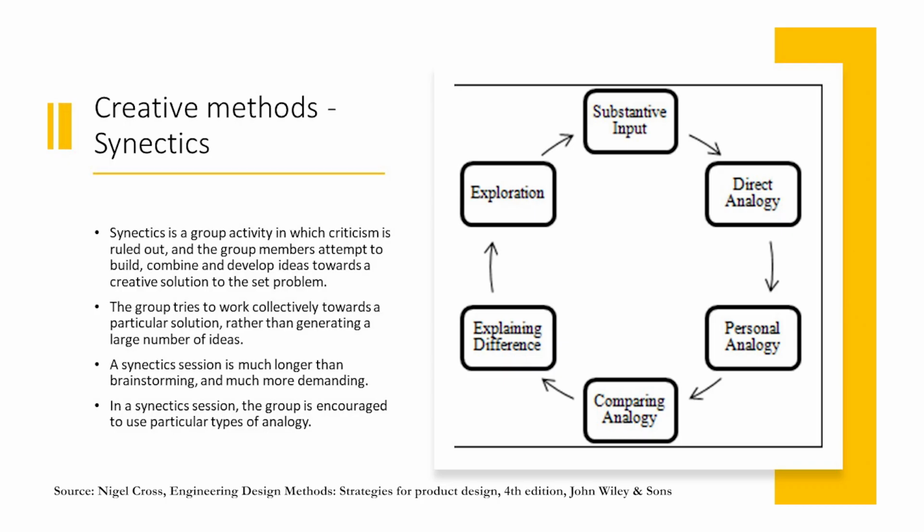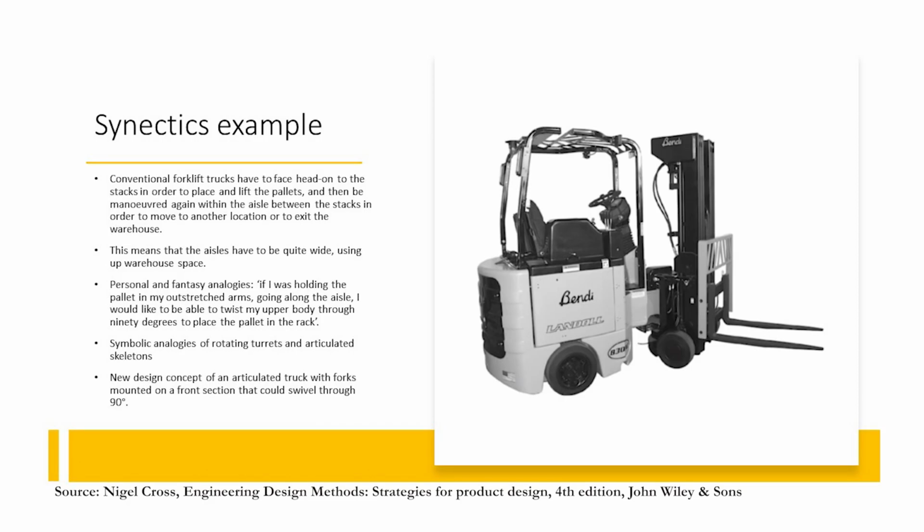In the synectic session, the group is encouraged to use particular types of analogy. When you are talking about your solution, you can use 3 different types of analogy: direct analogy, personal analogy and comparing analogy.